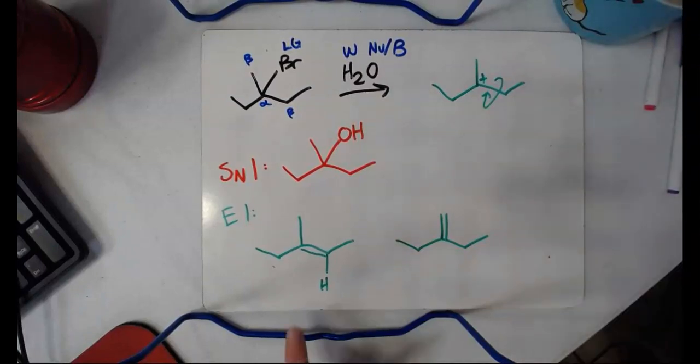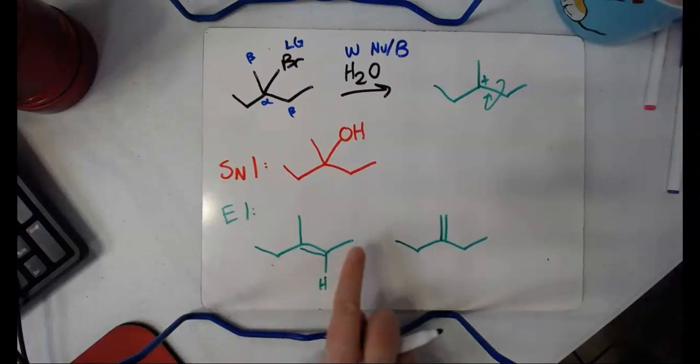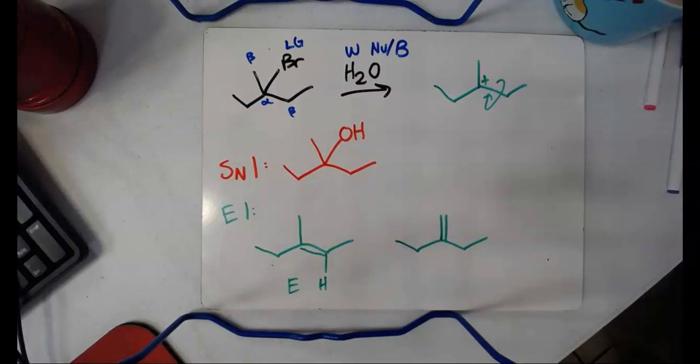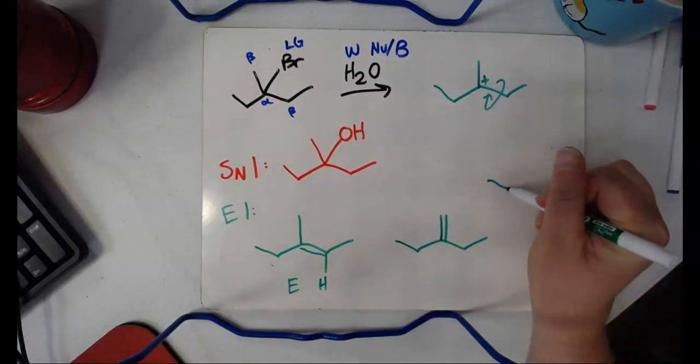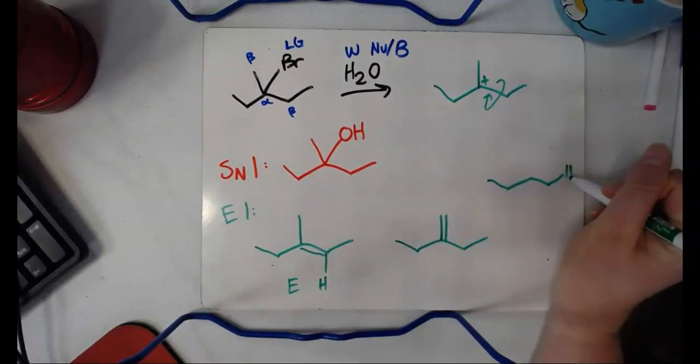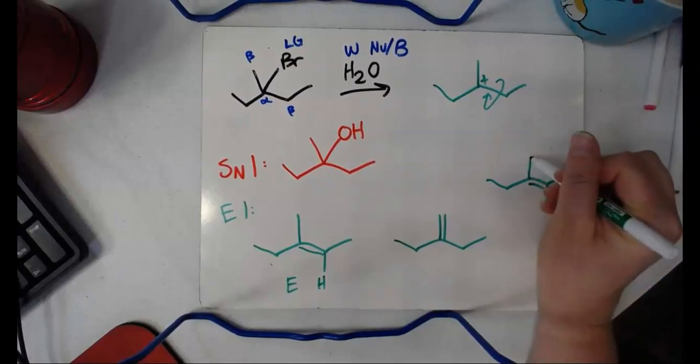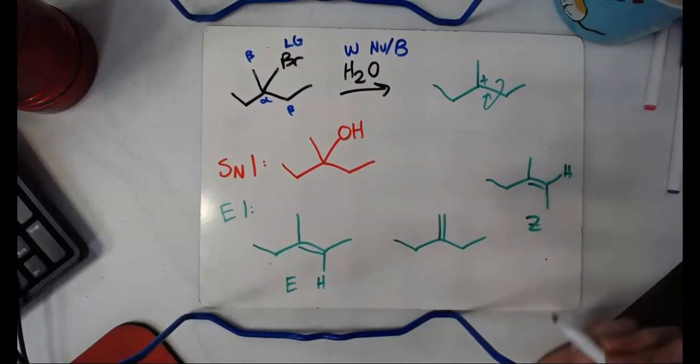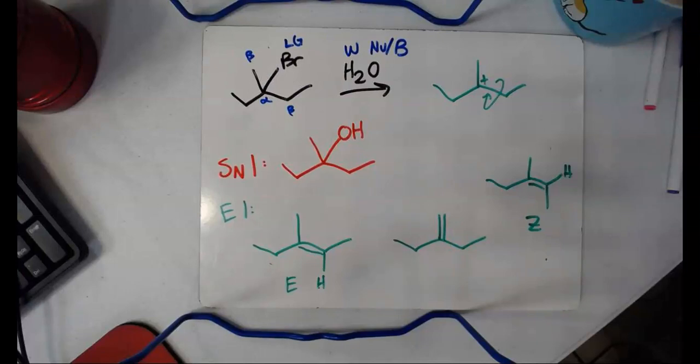And so I drew this having our ethyl and our methyl opposite from one another. So this would be the E product. But the other product that could form would be the Z product. So these are our 4 possible products for this structure.